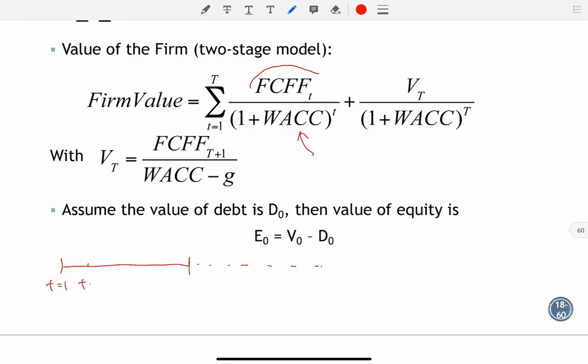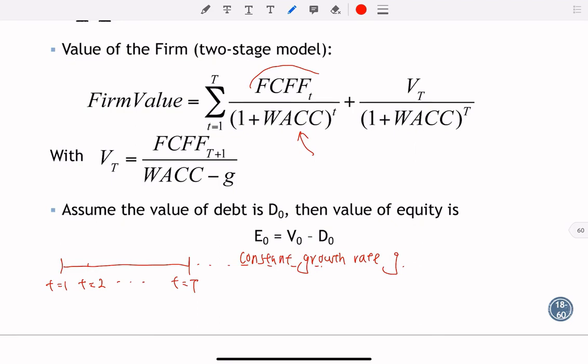Of course, we have t equals 2 and so on, up to t equals T. And let's assume starting from period T, we have constant growth. So you can see that here we're actually dealing with a multiple-stage discount model. It's sort of similar to the GE stock valuation example.